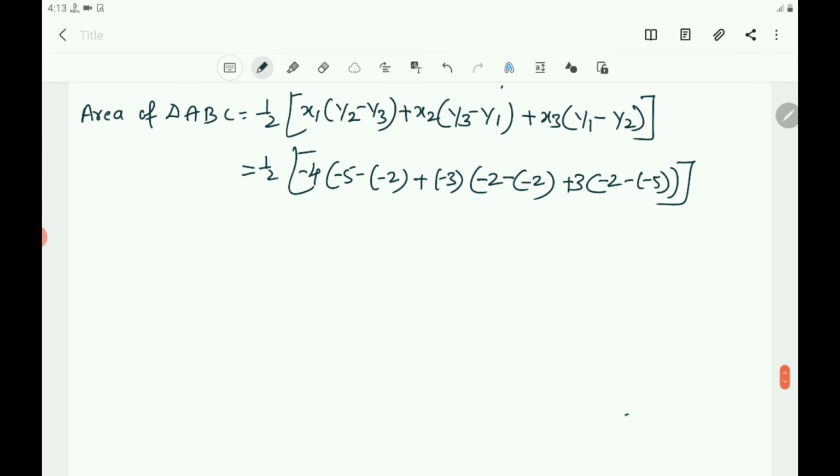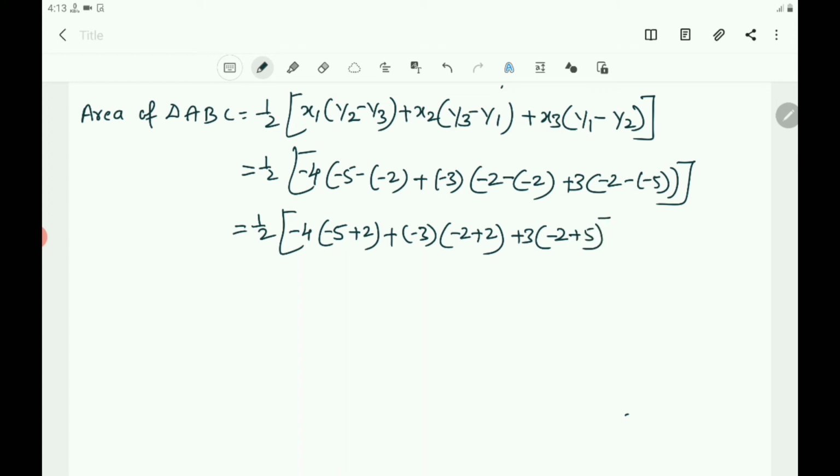Then equals 1 by 2 into minus 4 into minus 5. Minus of minus 2 is plus 2, plus minus 3 into minus 2. Minus of minus 2 is plus 2, plus 3 into minus 2. Minus of minus 5 is plus 5.